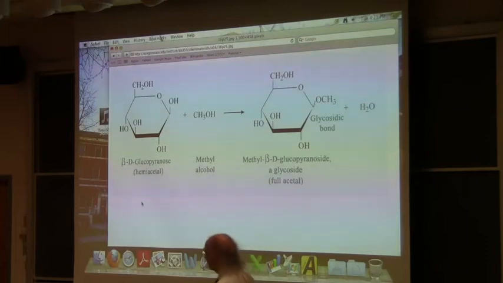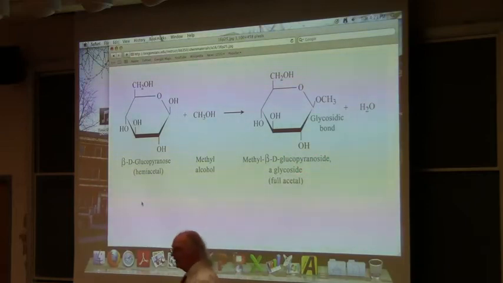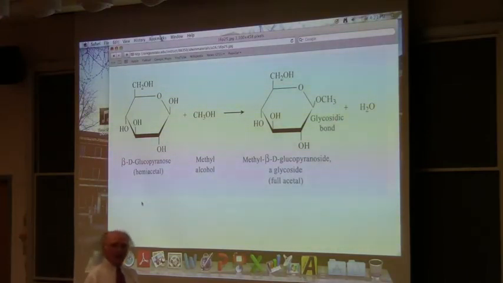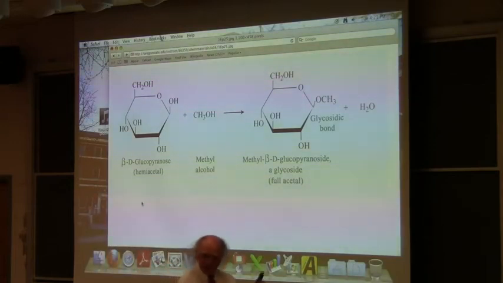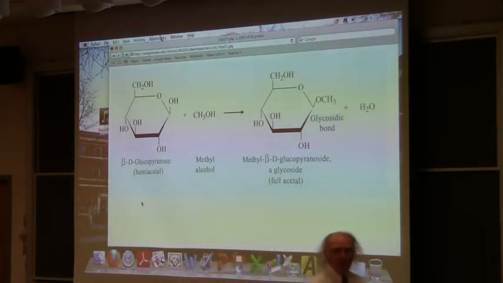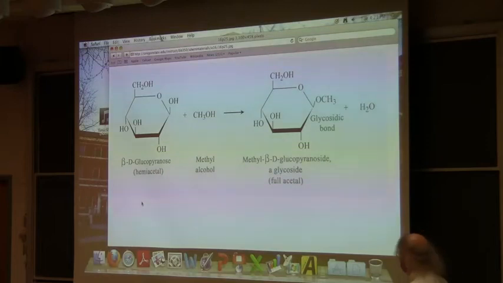Glycosides have glycosidic bonds, and no, I don't care if you can write methyl beta-D-glucopyranoside. The names can get kind of hairy. I try to keep it as simple as we can. But anytime I alter the hydroxyl on an anomeric carbon, I create a glycoside.